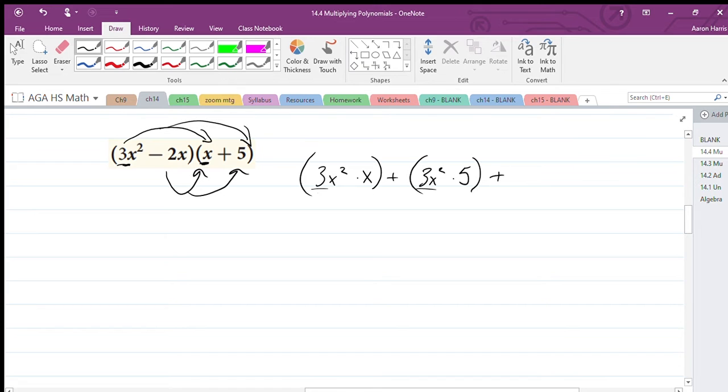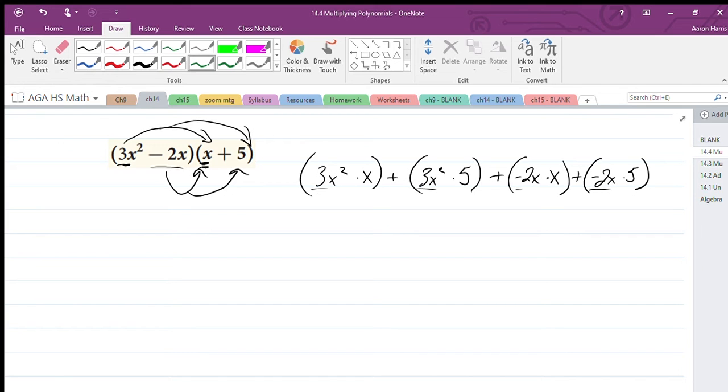Now I do negative 2x. So negative 2x times what? The first term, which is just x. Then I have negative 2x times what? The 5. So as you can see, here's that negative 2x, and it's multiplied by both terms in the second binomial. All right, so let's do it. 3x squared times x.